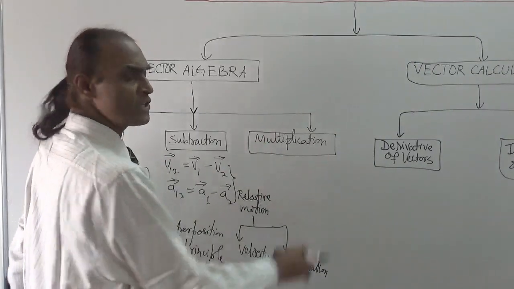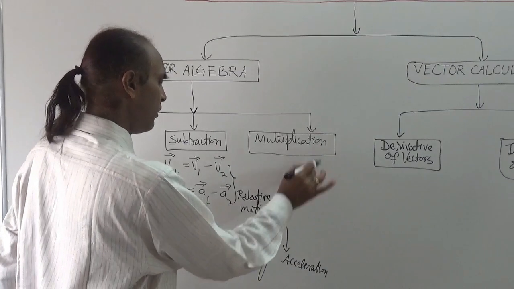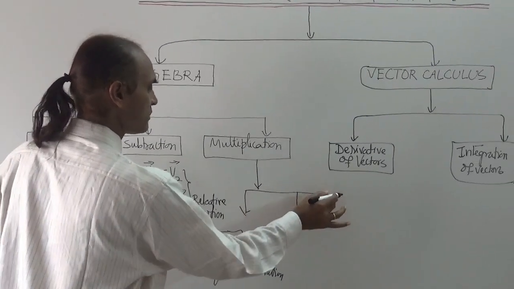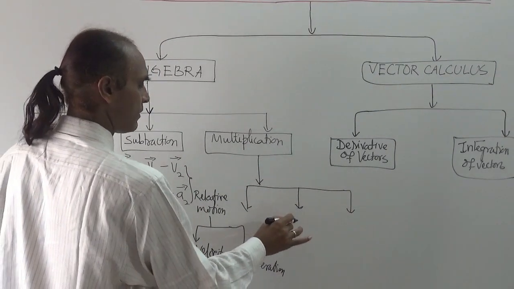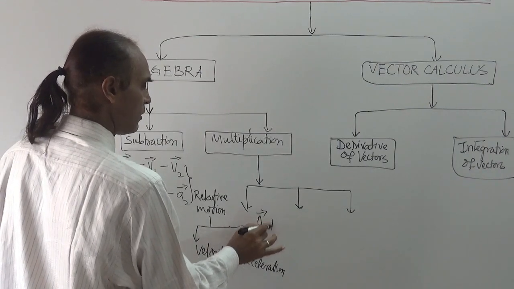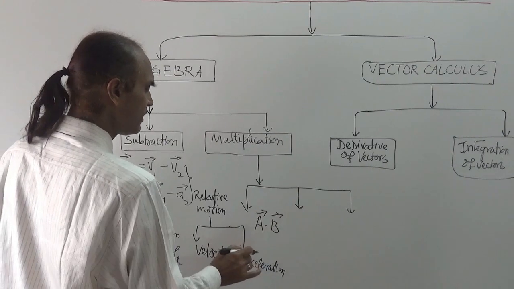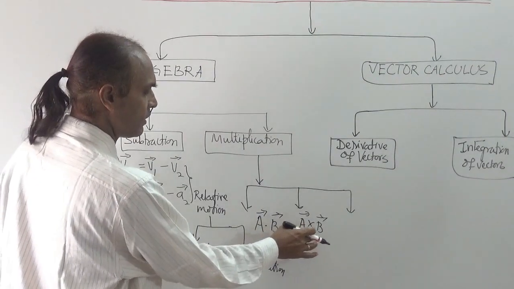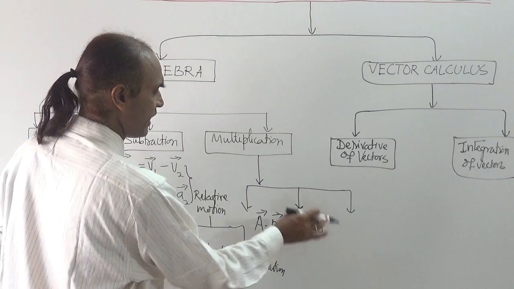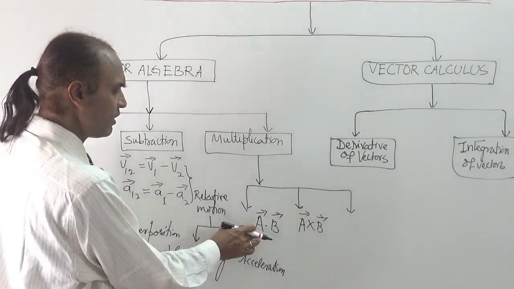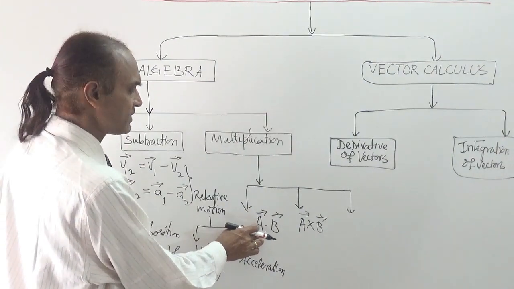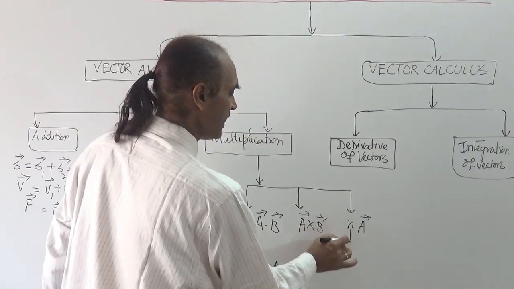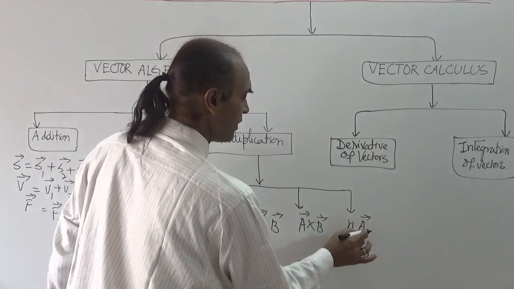Now come to the multiplication of vectors. In multiplication we have 3 subdivisions: scalar or dot multiplication, vector or cross multiplication of 2 vectors A and B. This is the dot multiplication or scalar multiplication of 2 vectors A and B. Then we have multiplication of a vector by a scalar. This is a scalar, this is the vector.